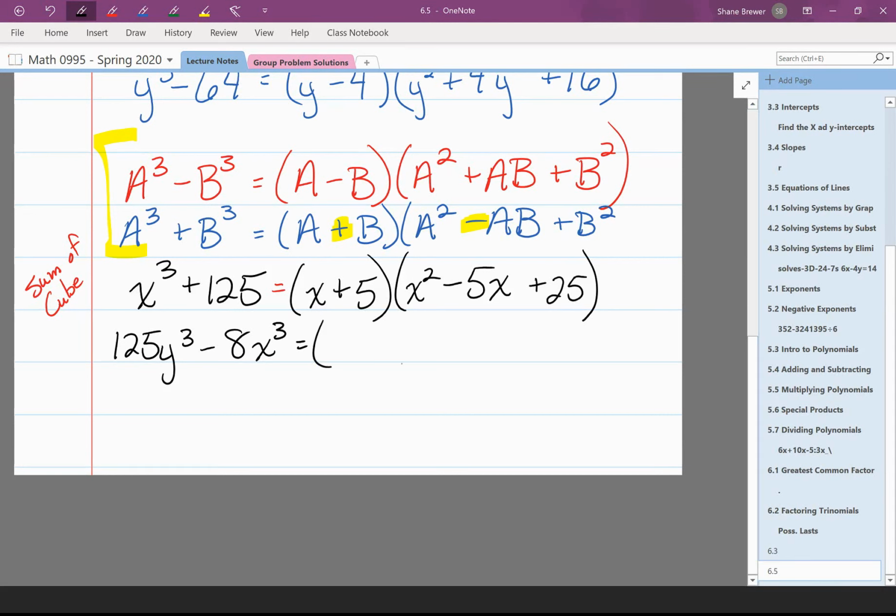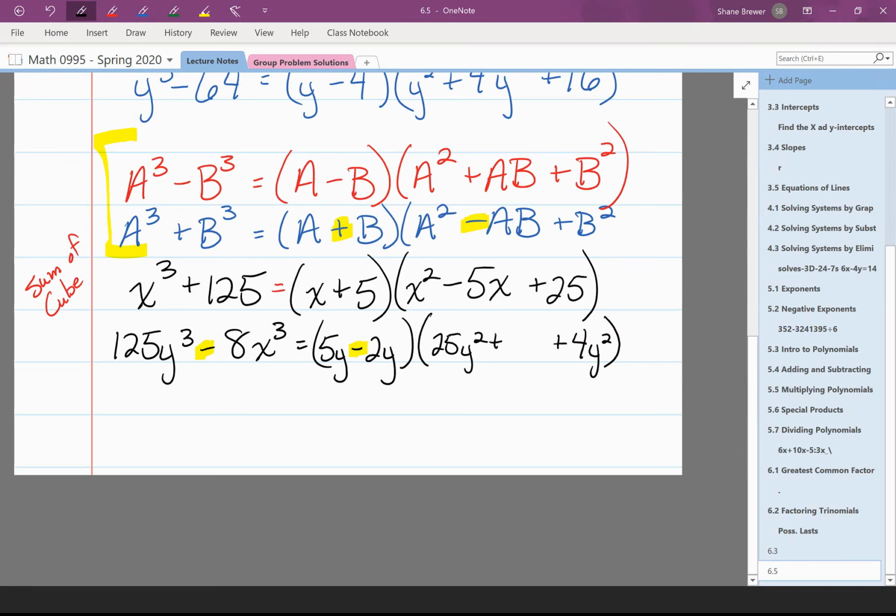So when we factor it, we're going to have a 5y minus 2x. Those signs will always match, by the way. 5y minus 2x. And then a 5y squared, so a 25y squared at the beginning. And a 2x squared at the end, so 4x squared at the end.